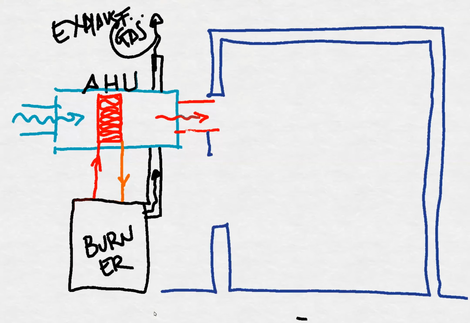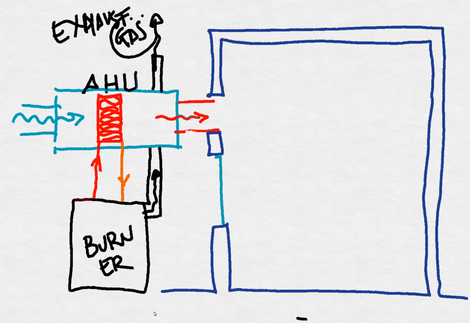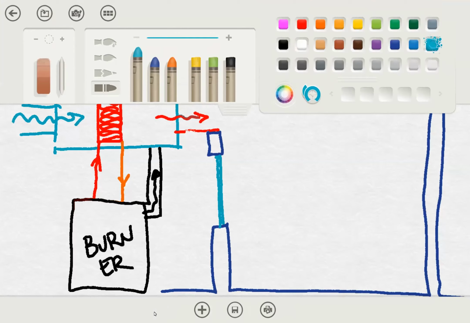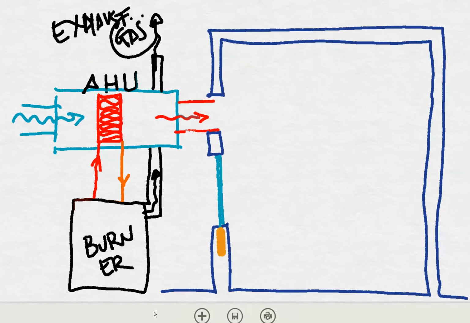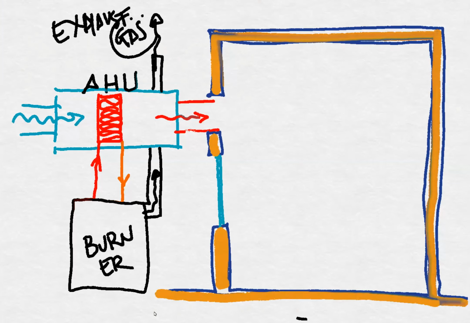This building will have a window, so it's not just a wall or a roof. We have the thermal envelope, so we need a kind of thermal insulation all around the building. But we have a weakness, which is the window there.